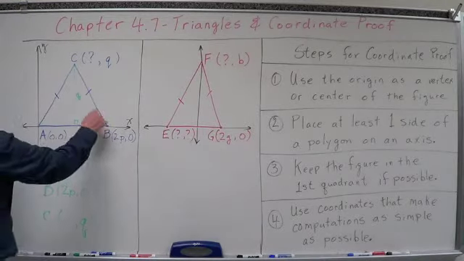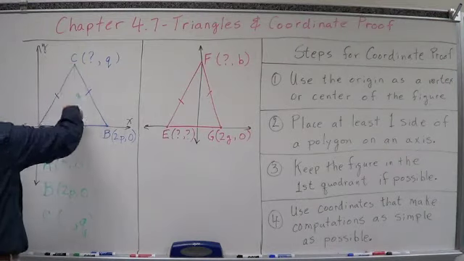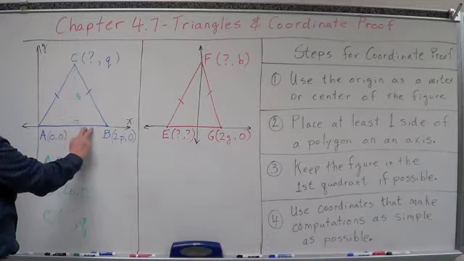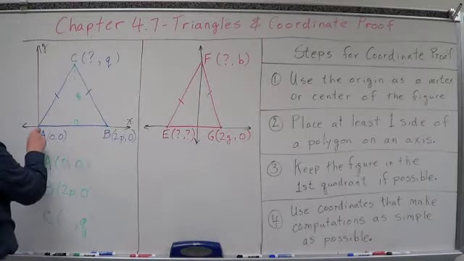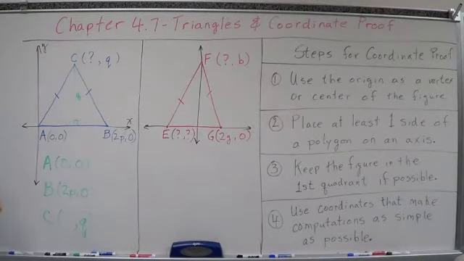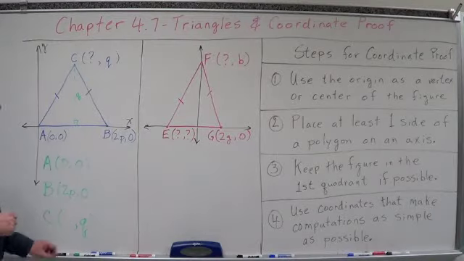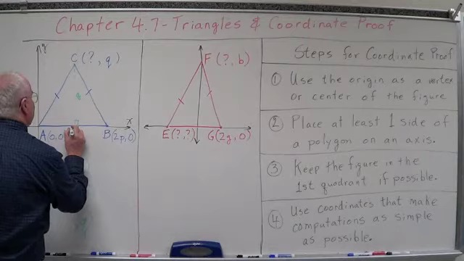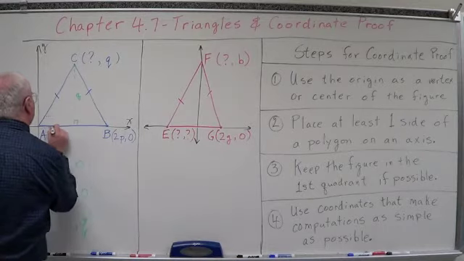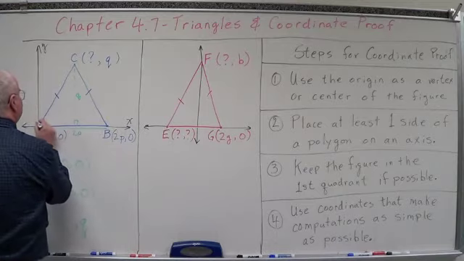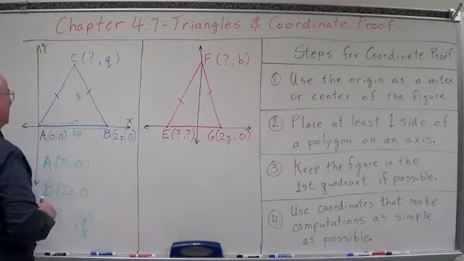Well, what do we know about an isosceles triangle that is dropped? We drop a perpendicular bisector onto the base. How far is it from A to B along the x-axis? 2p. So this distance right here, the whole distance right here is 2p. Then what is this distance right here?